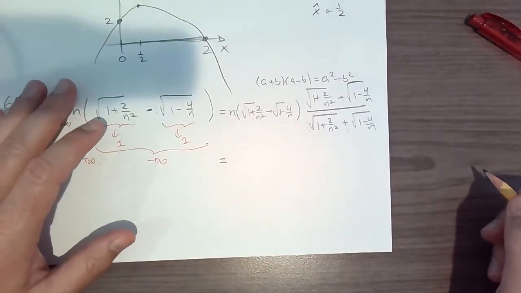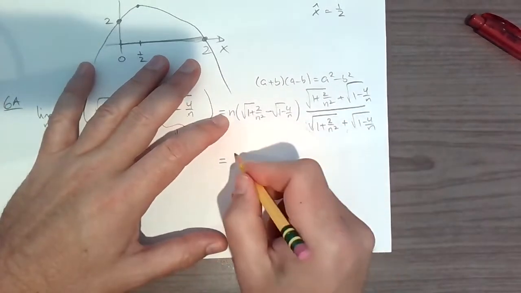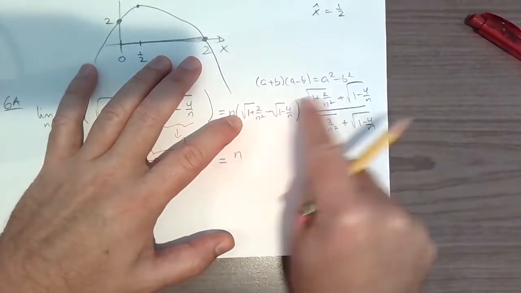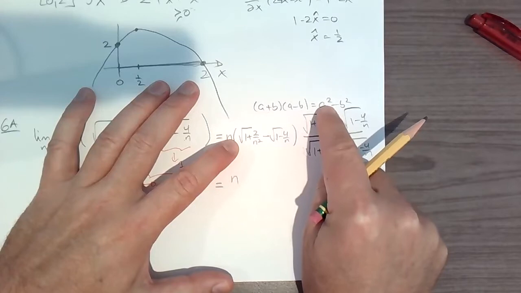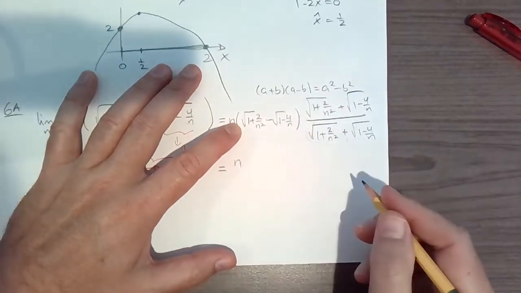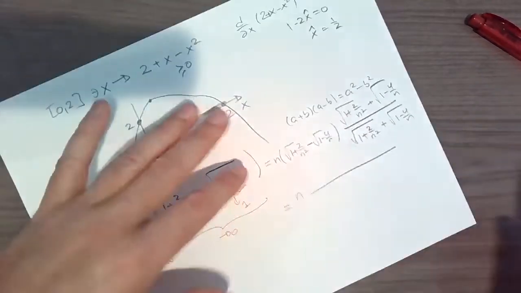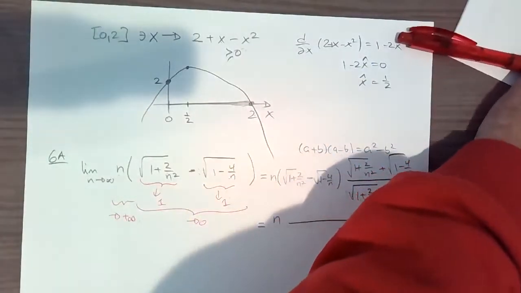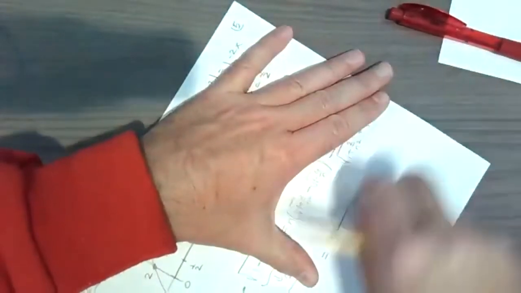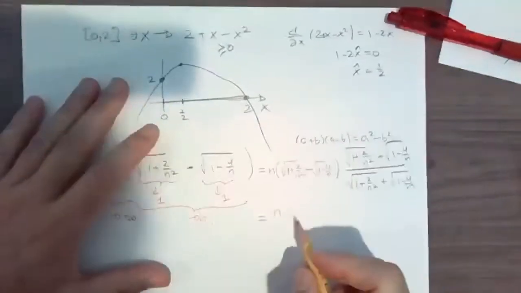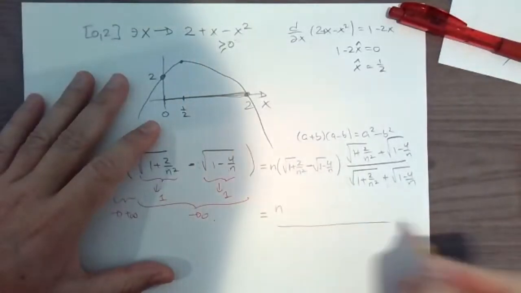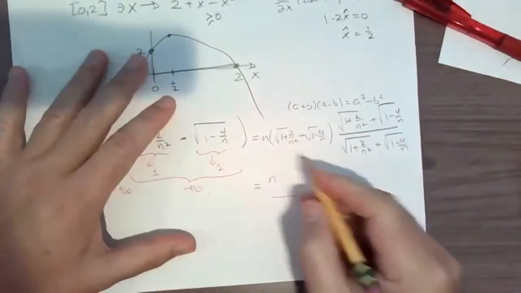So let's try it out. We're going to have our n. We're going to have this term times that one. This is what gives us a square. So we will have a ratio. I should make more space here. So downstairs it's the same. Upstairs is going to change.